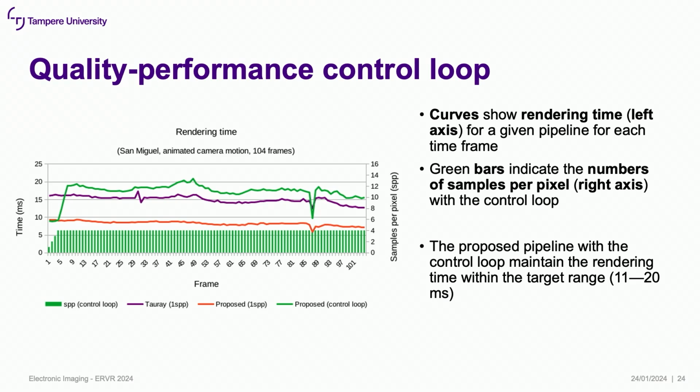Now for the quality control loop. If you look at the green curve here, first we start at 10 milliseconds, which is below our target range. So we see that we can increase the number of samples per pixel, so we will increase the quality. Maybe in the animation not many things happen, then suddenly the camera starts to move really fast.